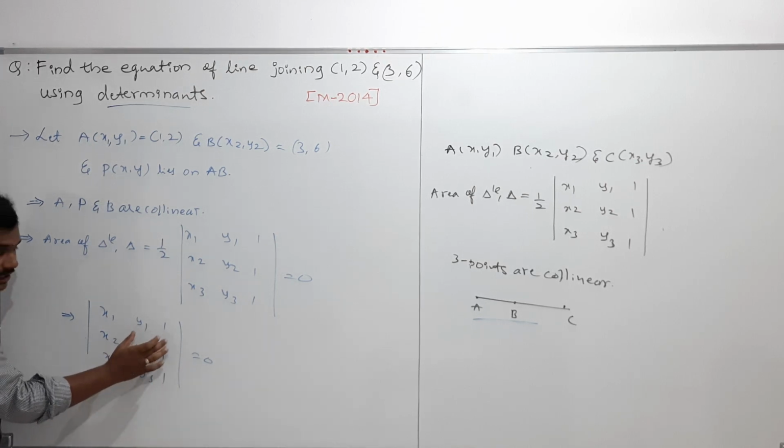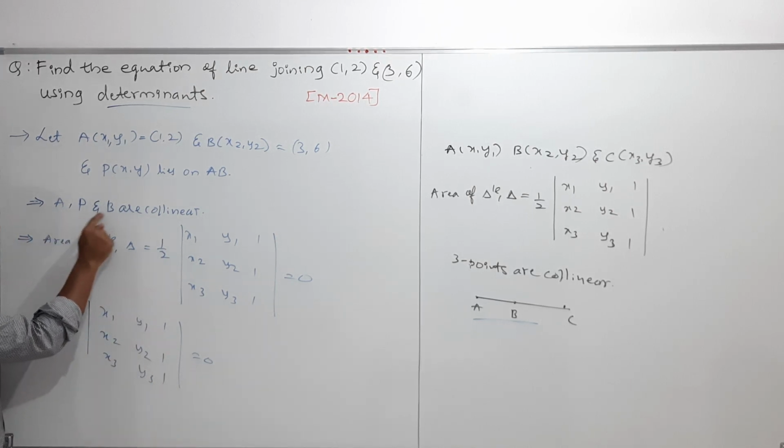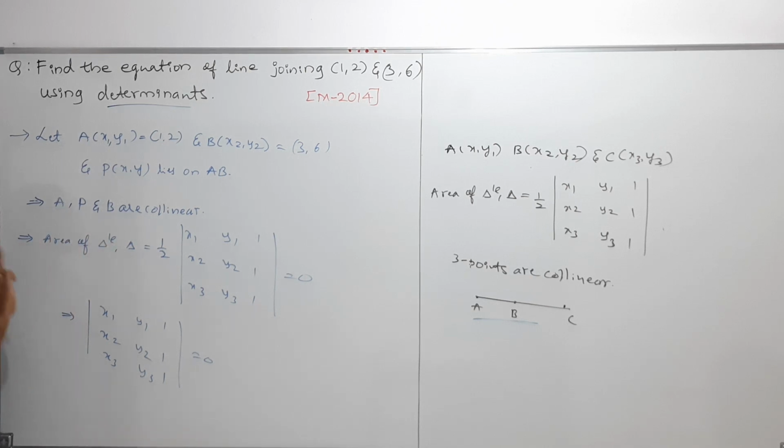This is the condition when the given 3 points are collinear, so this determinant value is equal to 0.